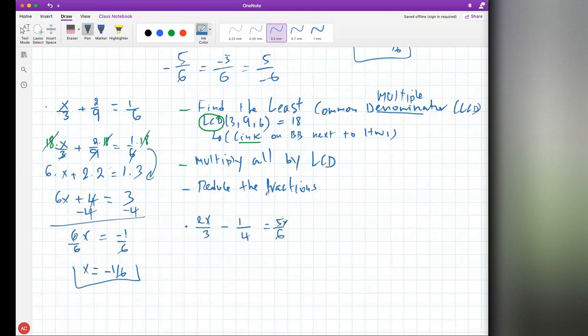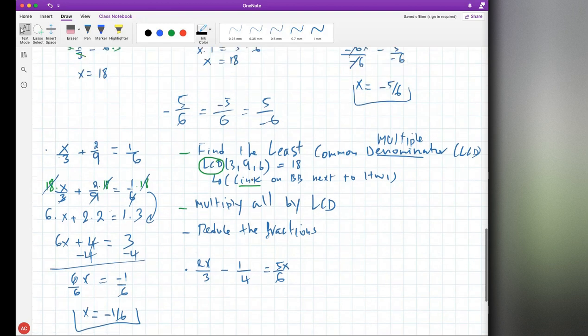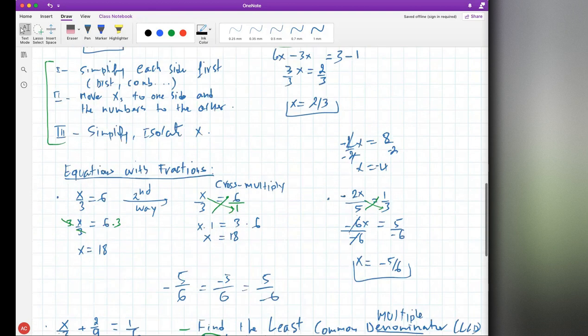Let's even put an x here. So multiple fractions here. Again, we can't cross multiply. Cross multiplying works only if you have 2 fractions like this, or if you have 1 fraction.